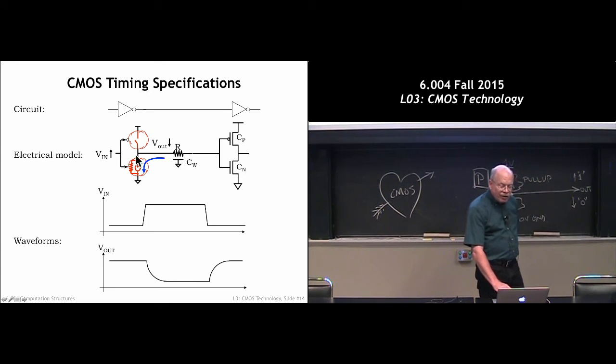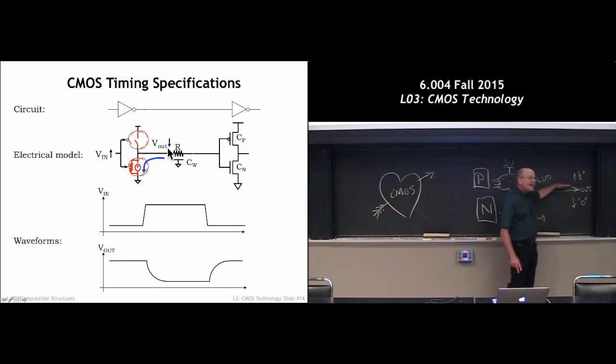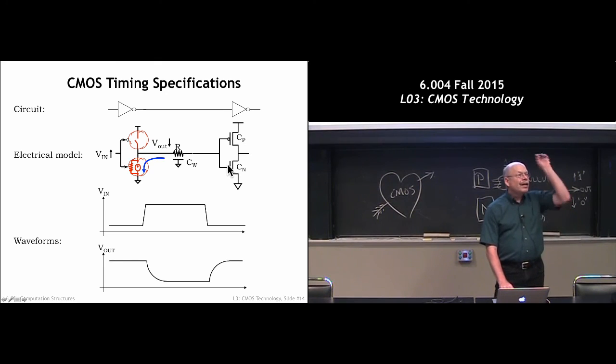There's some resistance and capacitance in the wire that connects the output of one gate to the input of the next. Plus the little capacitors in the MOS part of the MOSFET structure themselves add some capacitance. So as I try to charge and discharge the output of a particular logic gate, the capacitance that I have to charge and discharge comes partly from the wires and partly from the MOSFETs in the gates that I'm connecting to. So things aren't going to happen instantaneously.